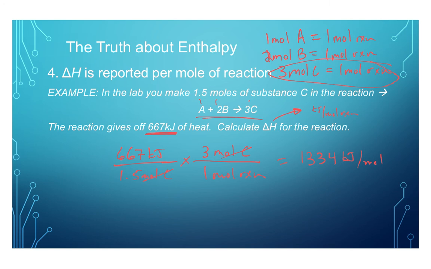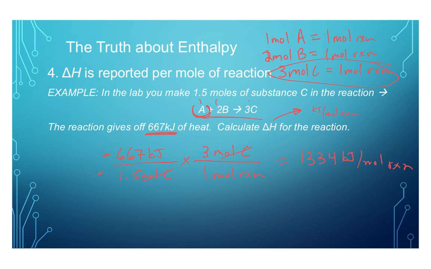This is very different than the amount of kilojoules per mole of C, which would have been 667 divided by 1.5. And again, the reason why we do this is, imagine that we had looked at how much A was used up.